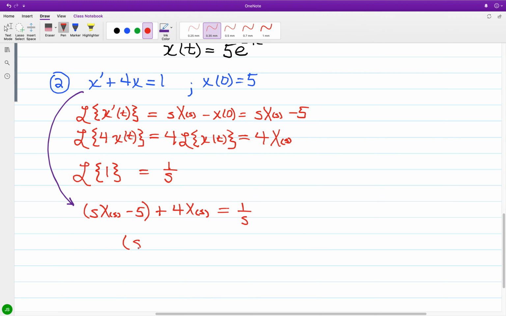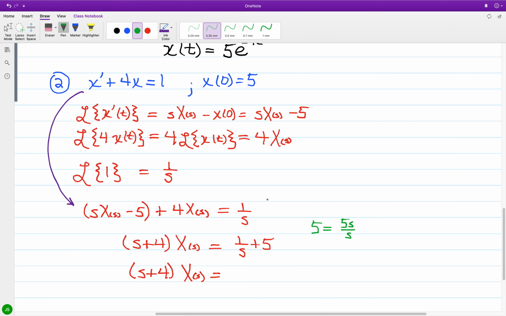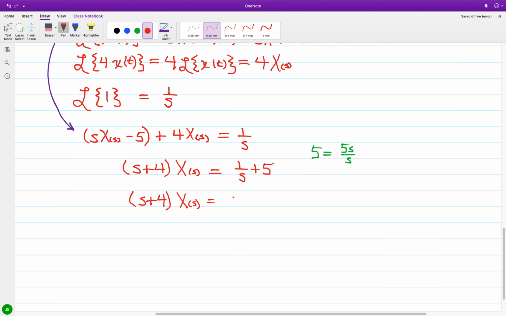So we have the quantity s plus 4 times x of s equals 1 over s plus 5, and thinking of 5 as 5 times s over s, I can consolidate these terms together, and that is equal to 5s plus 1 over s.